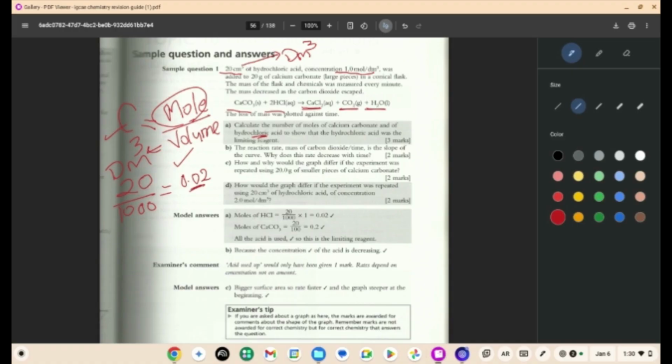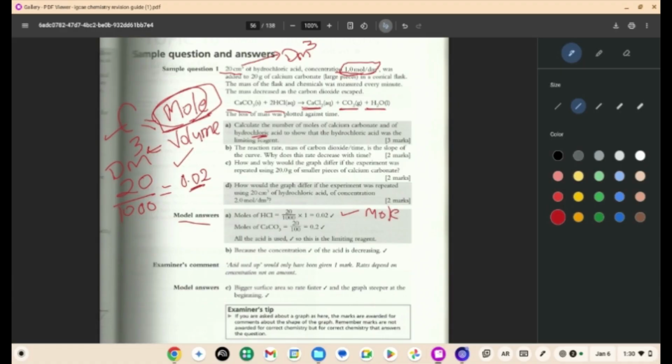So we multiply this 0.02 by 1 mole per dm³, and it will give the number of moles. In the model answer, 20 divided by 1000 multiplied by 1 gives 0.02. This is the number of moles.